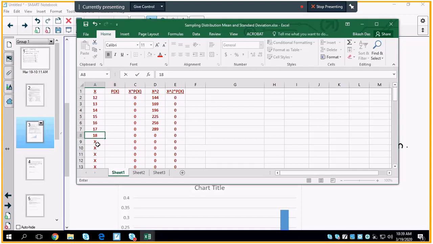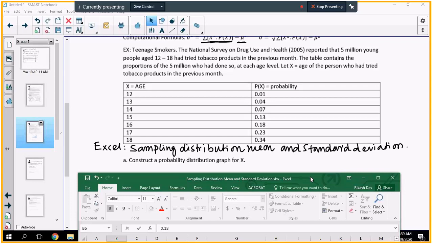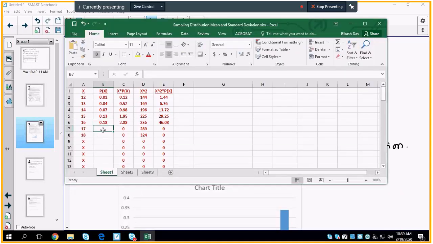It is necessary that you do not erase these x's. The only other information that you're going to put in are the probabilities: 0.01, 0.04, 0.07, 0.13, 0.18. Then I remember there were 2 more, 0.23 and 0.34. 0.23, 0.24. And the table is auto-populated.